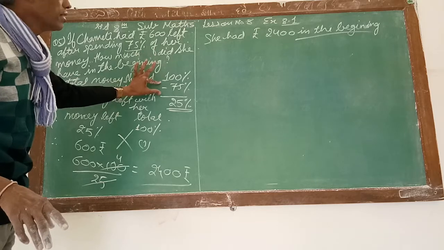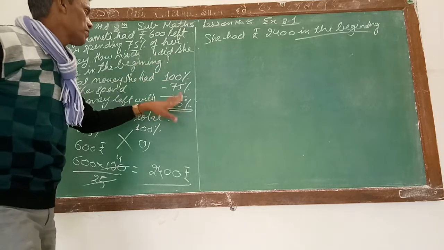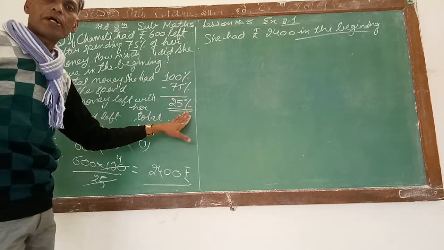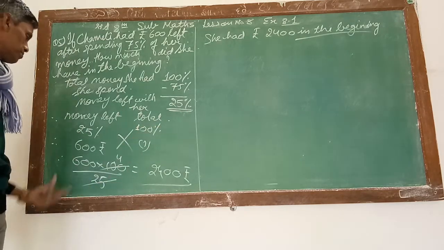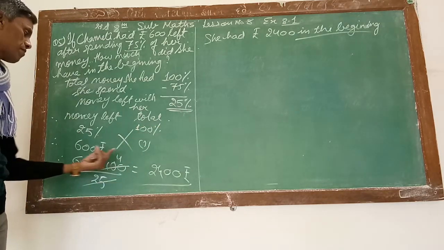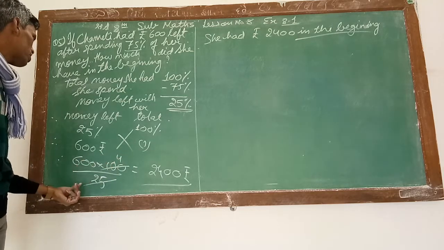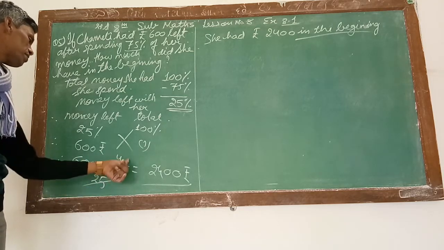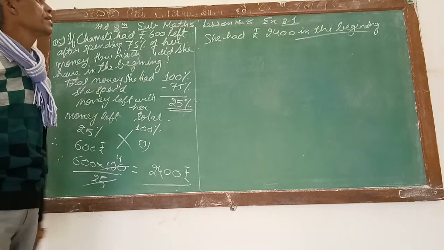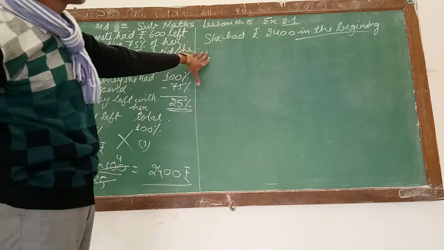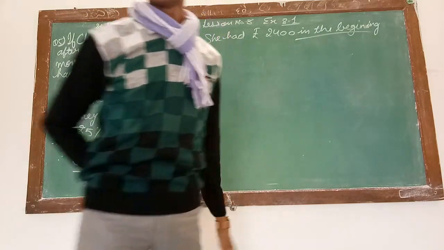She spent 75, so 100 minus 75 is 25% money left. So 25 out of 100 is left. In rupees, 600 rupees is left out of how much? Cross multiplication: 600 into 100 upon 25. 25 4s are 100, 6 4s are 24 and two zeros. That is 2,400 rupees she had in the beginning.